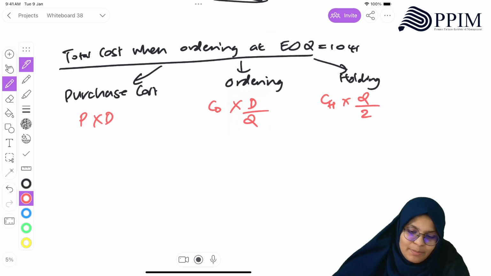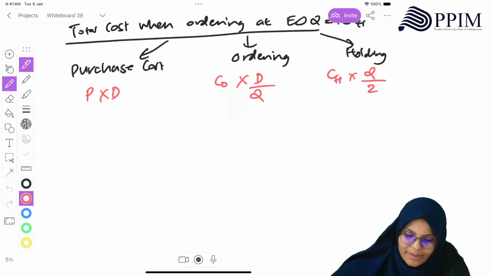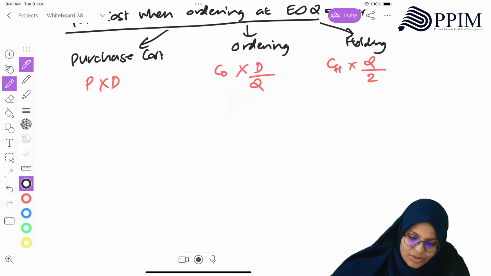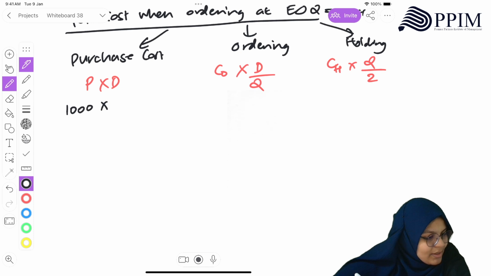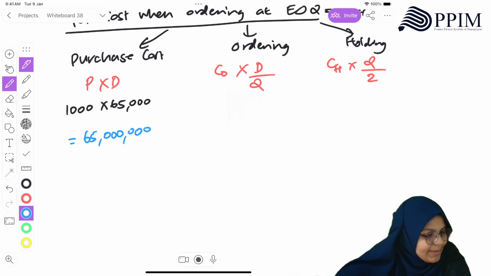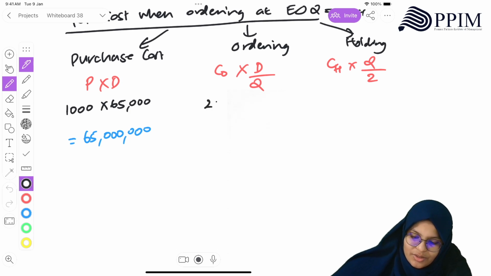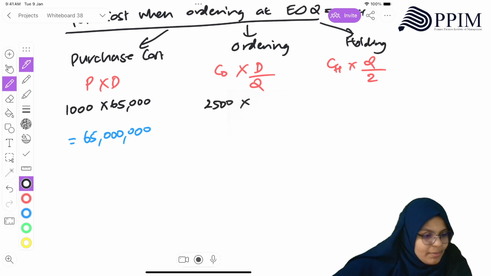So the purchase price, I think it was $1,000, right? The question told me every unit was $1,000, so 1,000 into the demand, which was 65,000. So purchase cost will be 65 million. Okay, cost of ordering 1 unit was 2,500. Demand is 65,000.